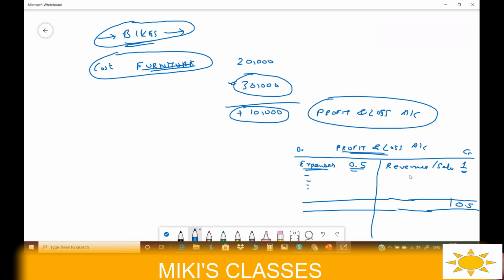That gain you'll have to show. If it is a gain, you'll have to show on this side. If it is a loss, you'll have to show on the other side. That has to be shown. But this is already, because the expenses is already there. The revenue is already there. And this balance is what will finally show whether there's a profit or a loss. So you'll not have to make a separate entry. If you're confused with this for the time being, just keep it there.